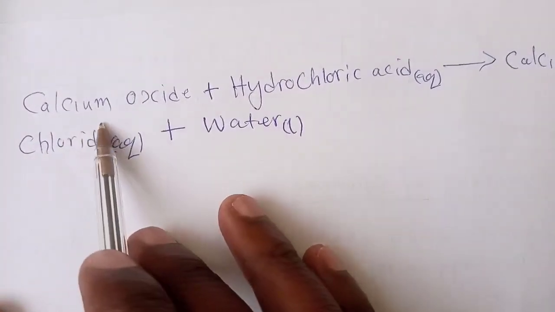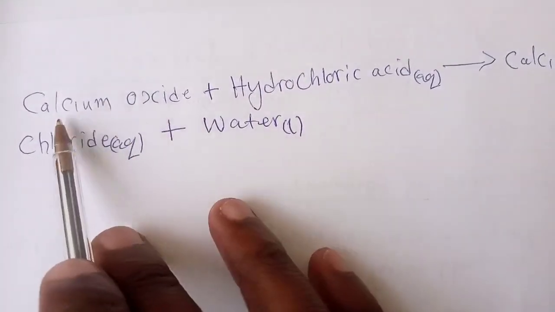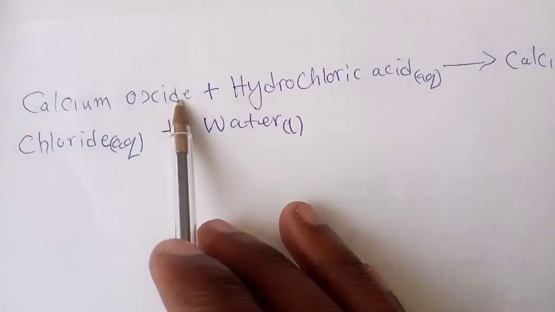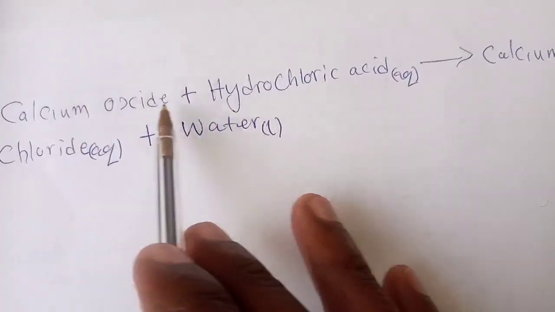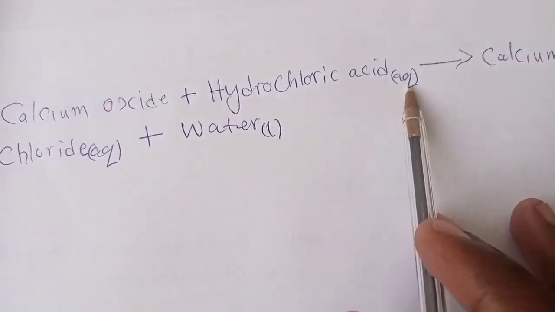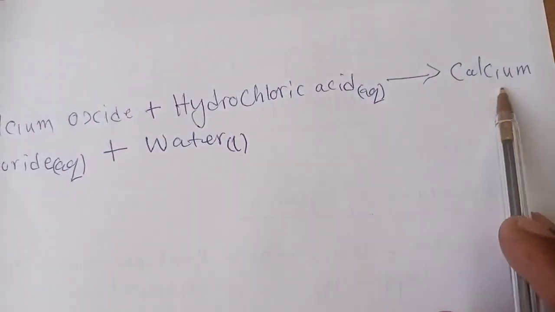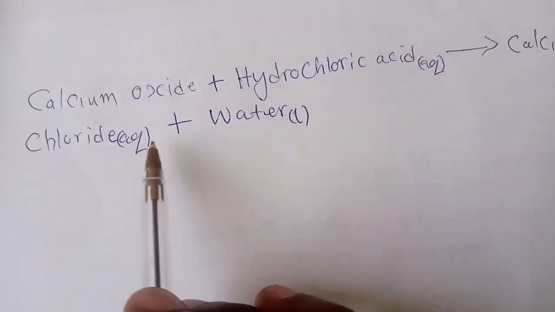We have calcium oxide, meaning that calcium has reacted with oxygen to form calcium oxide. Calcium oxide plus hydrochloric acid is equal to calcium chloride plus water.